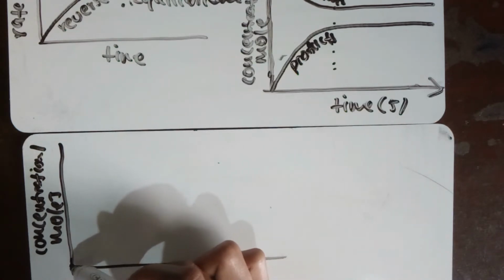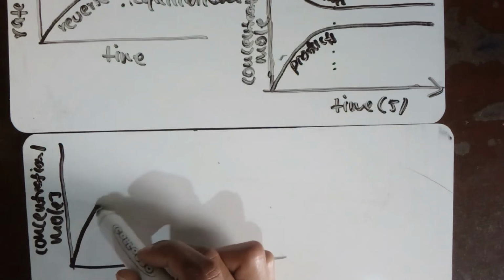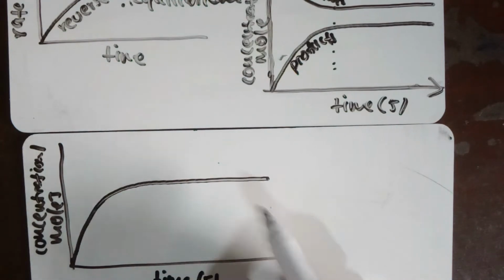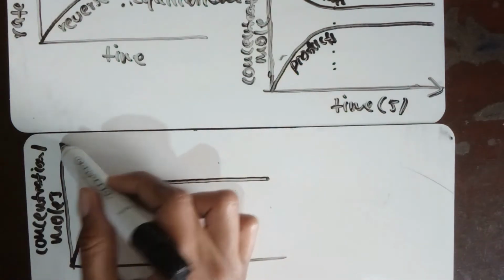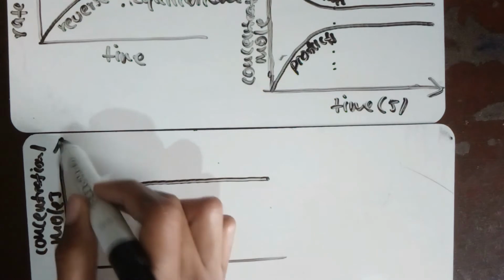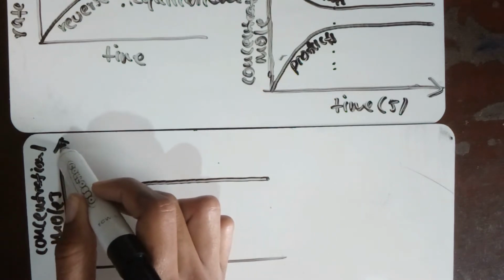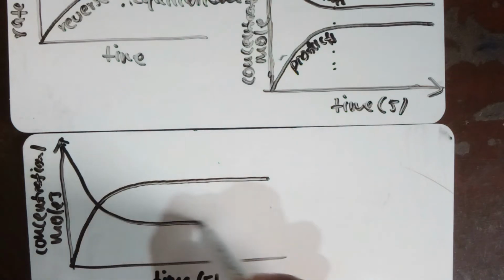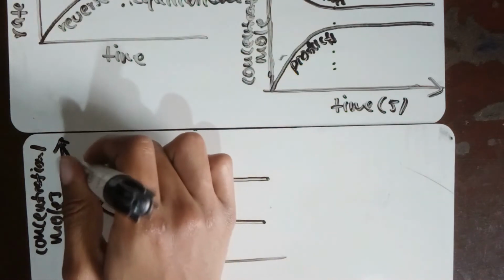But as more reactants are converted into products, your number of products, or concentration, will increase until it reaches a constant concentration. Same thing, at the beginning you have a lot of reactants, but as more reactants are converted, the amount will decrease. So this would be your reactants.